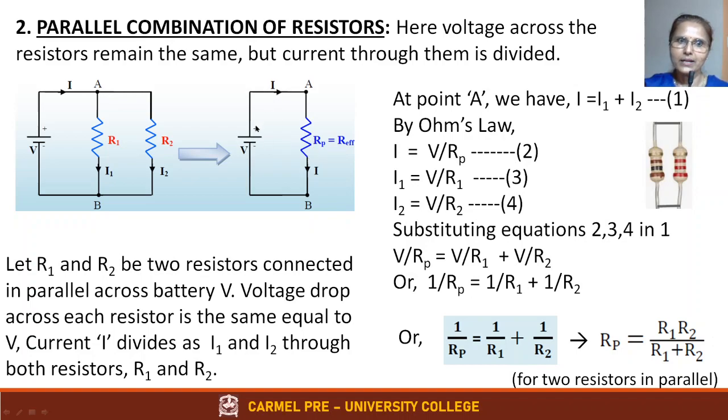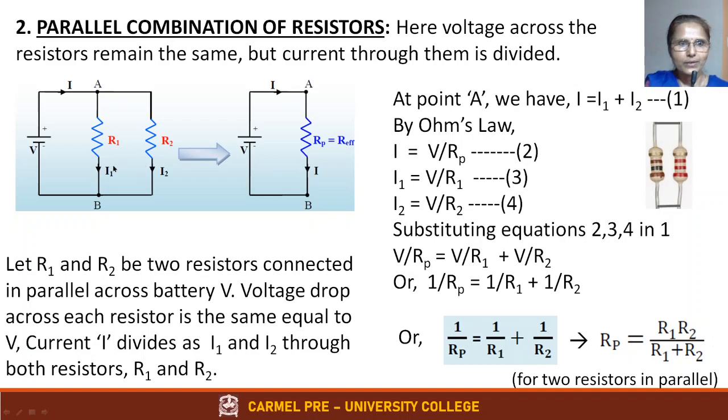One resistor is there, one voltage is there, one current is there. So I is equal to V by RP. That is our second equation. Going back to the parallel combination circuit, we have two resistors, and the current flowing through this is I1, the resistor is R1, and the voltage, as I told you, is V. It remains the same for both.